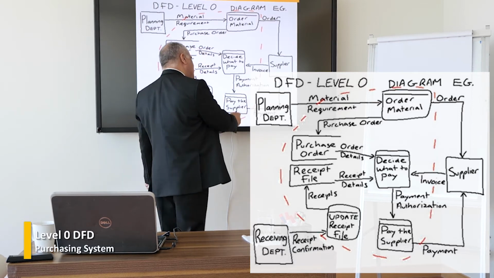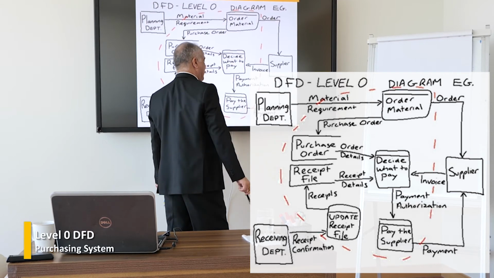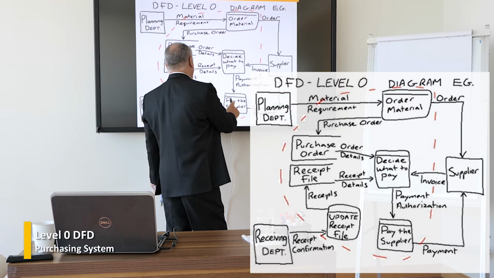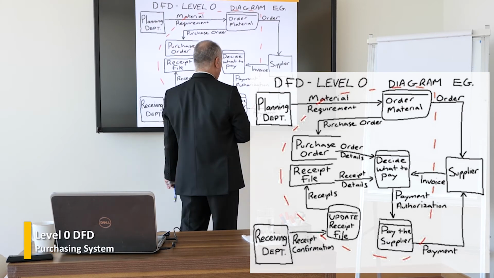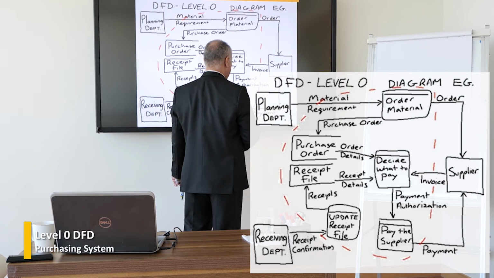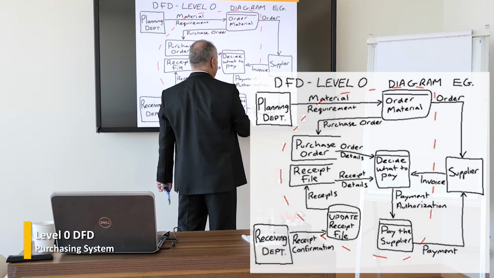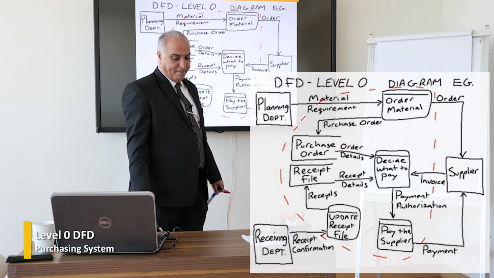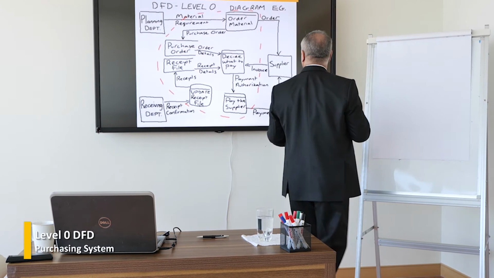So that means there is a process here called authorization of payment. And this authorization of payment is a fourth process to be initiated, to authorize. You send an invoice, an authorization says yes, pay, and then a payment is made to the supplier. So let's try to do this again here.